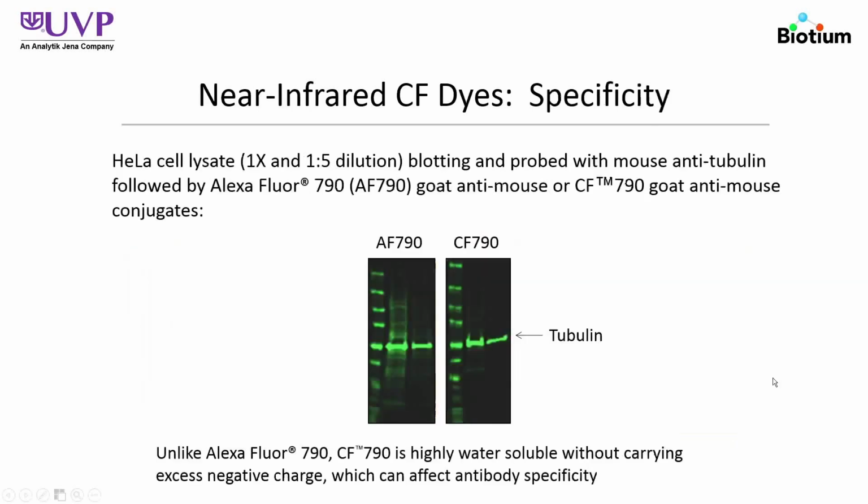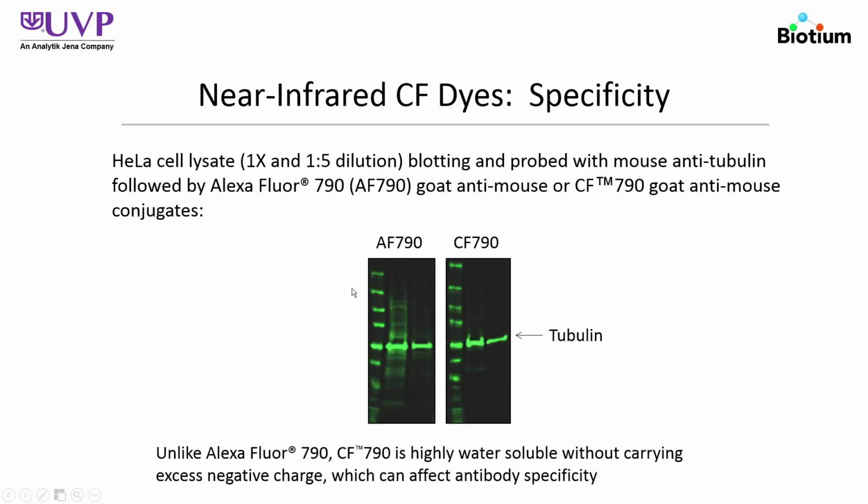An example of the effect of this is shown here. Here are two Western blots that were probed. This is HeLa cell lysate, two different dilutions, probed with an anti-tubulin antibody. The blots were treated identically, except that the blot on the left was detected with a secondary antibody conjugated to Alexa Fluor 790, the highly negatively charged dye from the last slide, whereas the blot on the right was detected with the same secondary antibody conjugated to CF790.